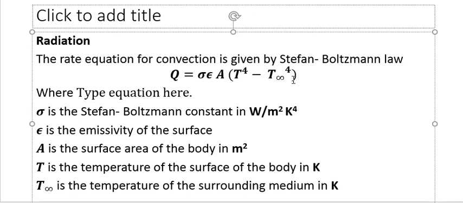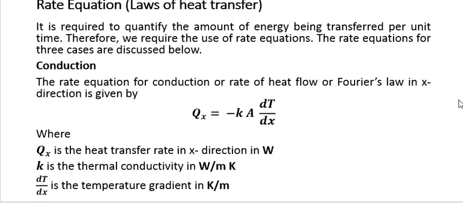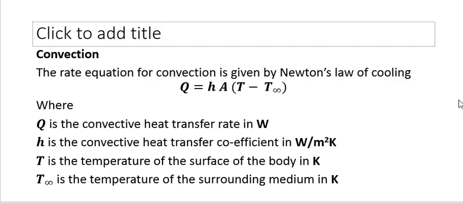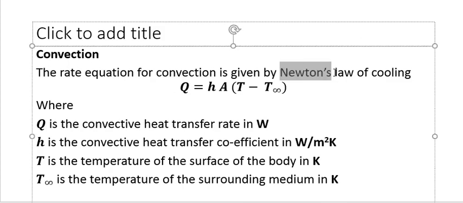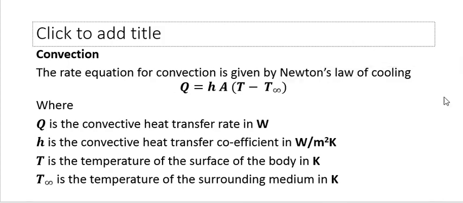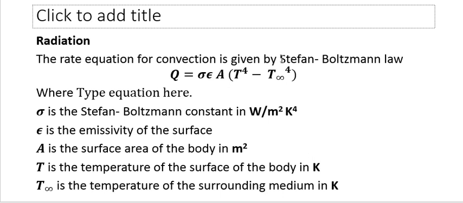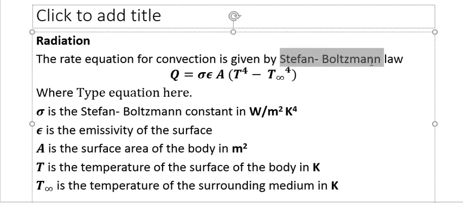Here the fourth power is used. It is governed by the Stefan-Boltzmann law. Conduction is governed by Fourier law. Convection is governed by Newton's law. Radiation is governed by Stefan-Boltzmann law.